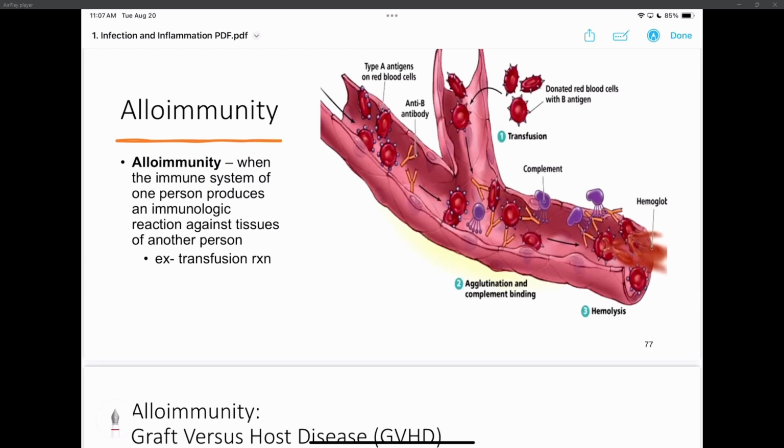If you don't do that, you can cause a transfusion reaction. You get agglutination and binding. All of those red blood cells clump up, and then that's a transfusion reaction called hemolysis. A lot of problems happen downstream from that. So one form of an alloimmunity problem is a transfusion reaction. Different blood types are mixing. They cause agglutination.